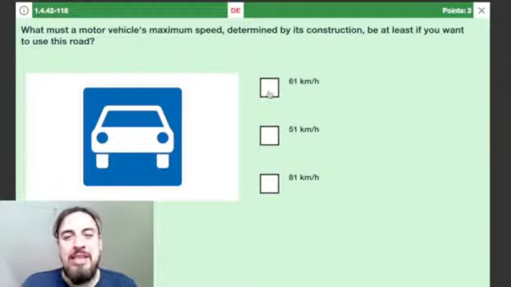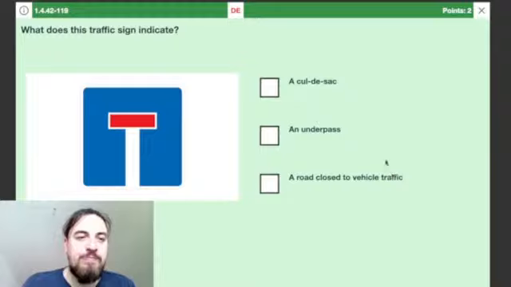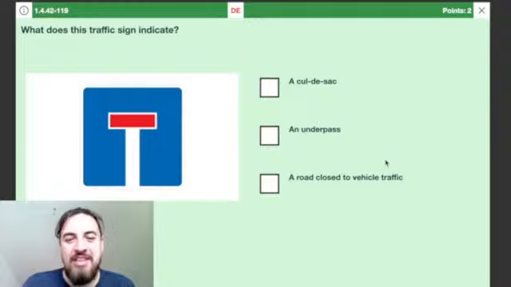So it is at least 61. So you have to be faster than 60 at least. All right. What does this traffic sign indicate? A cul-de-sac, an underpass, a road closed to vehicle traffic.